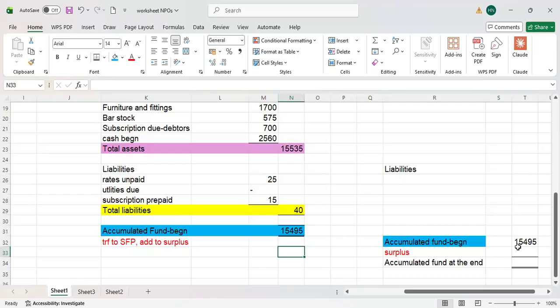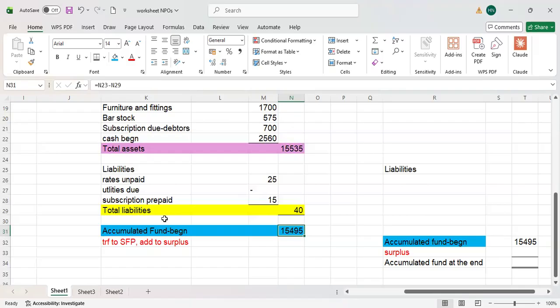All right, so let's do some more practice so that we get familiar with it. Now you notice that if you are here, because this one you didn't have accumulated fund, when you subtracted, you had your accumulated fund here.